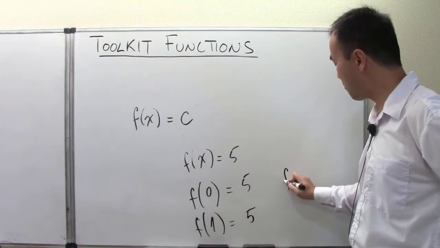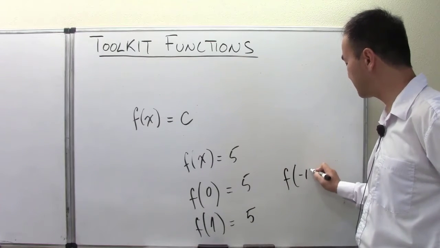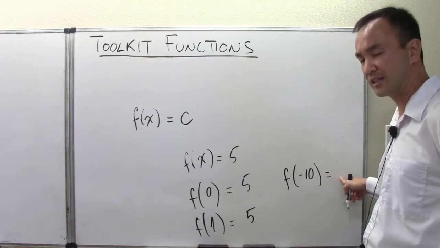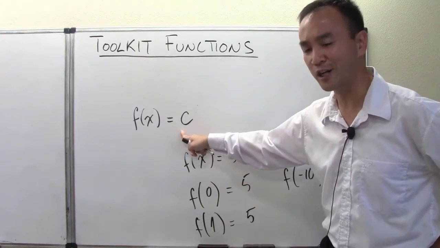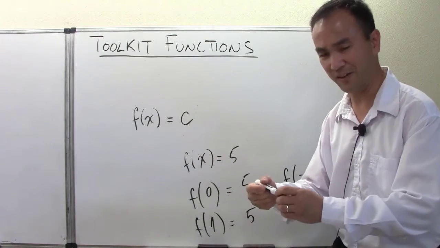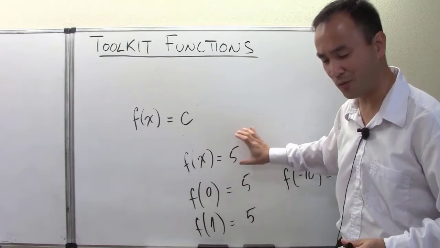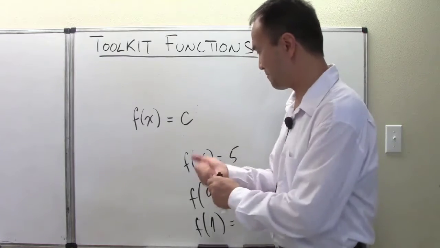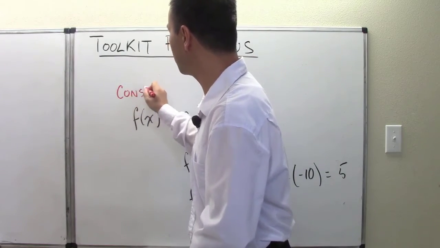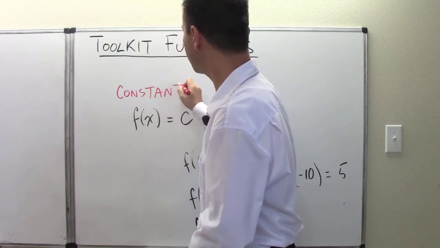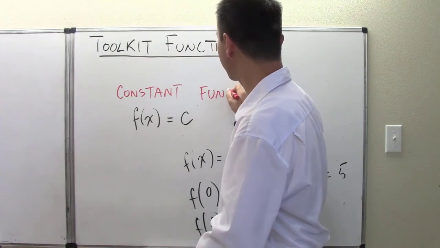When the input is -10, the function output is again 5. That's why it's called a constant function once it's defined. So this function, yes, is called a constant function.